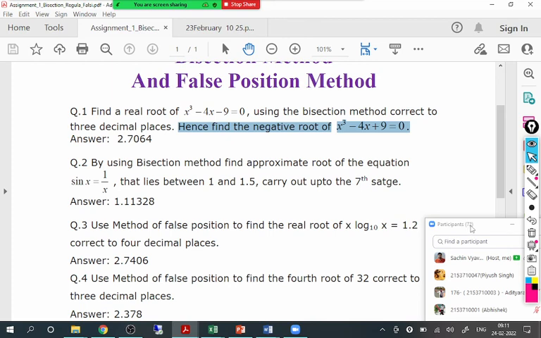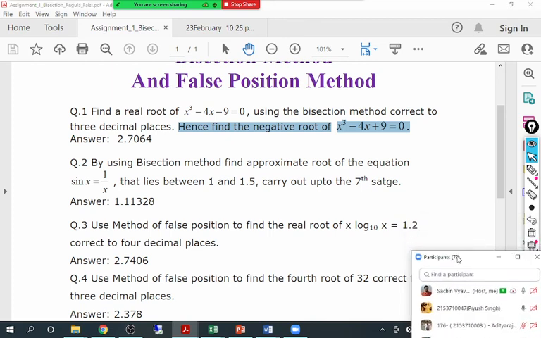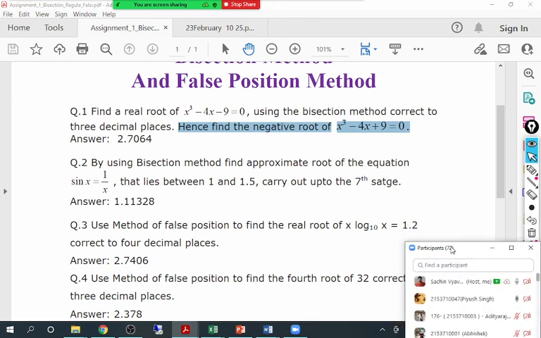Excuse me, sir. Yes. Sir, in question number 1, there are two different equations. They are not different equations. Sir, there it is -9 and there it is +9. So I'm saying this is f of x and this is f of minus x. Are you getting it? So sir, there it should be plus 4x then.